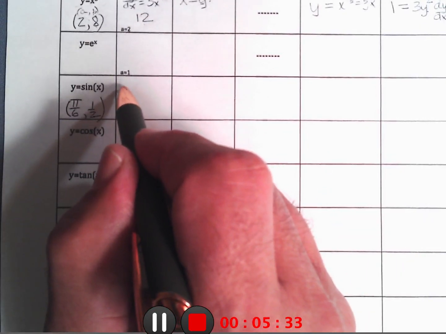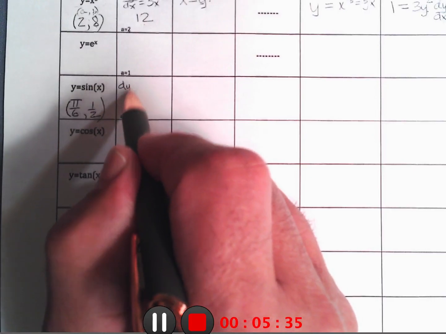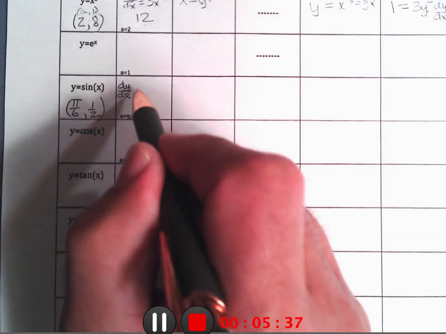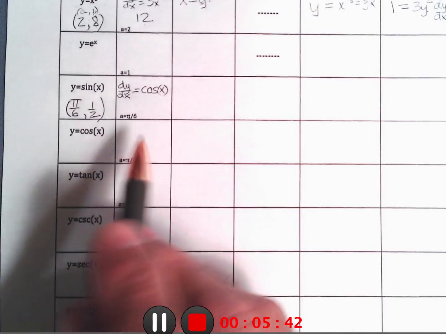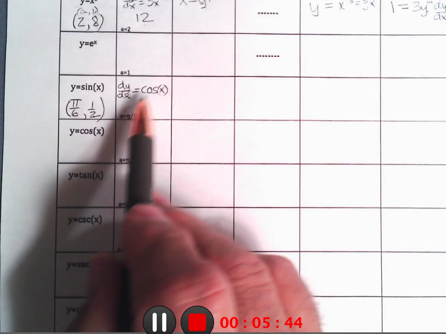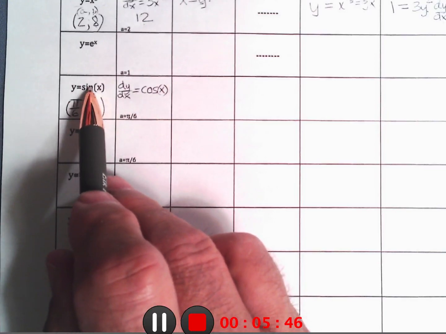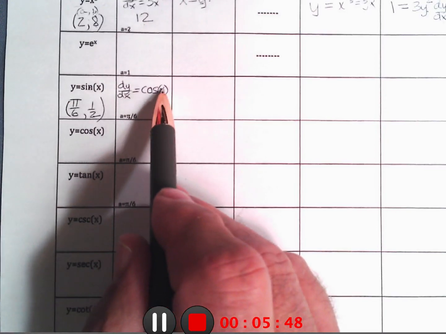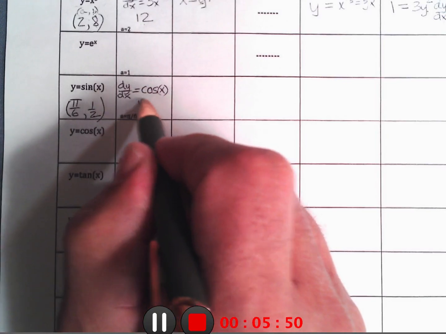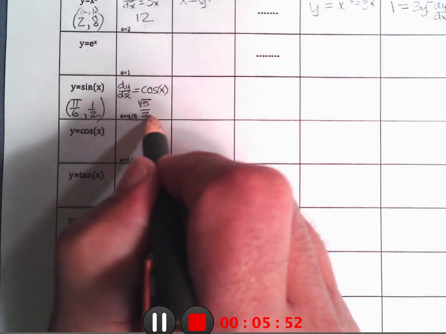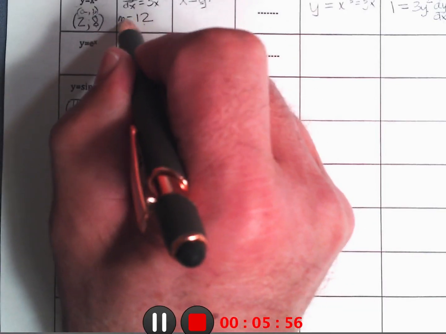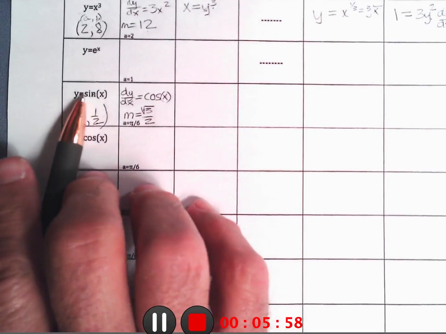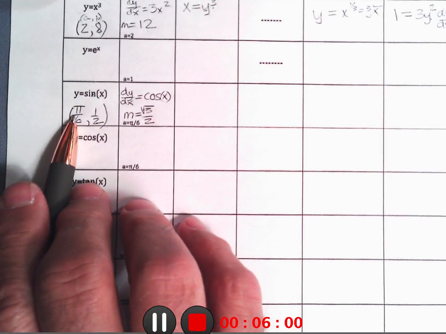So dy/dx is cosine x. And if we find the slope of the sine of x at pi over 6, we put pi over 6 in there, and we get square root of 3 over 2. So the slope of this at pi over 6 is square root of 3 over 2.